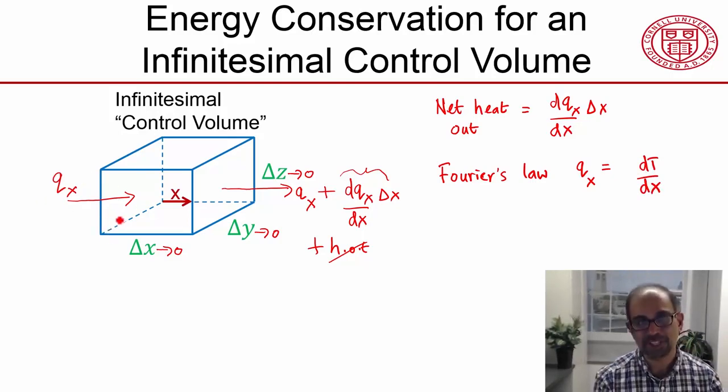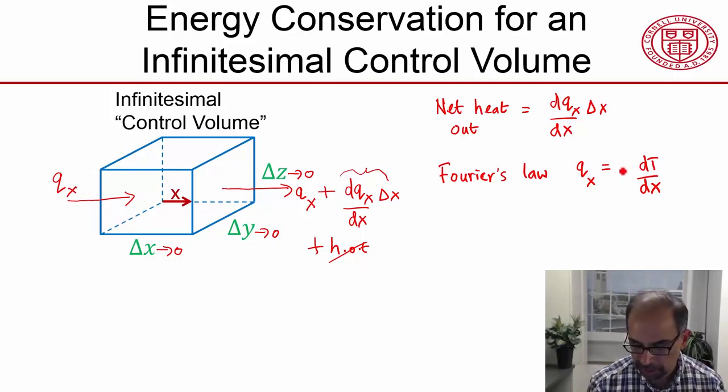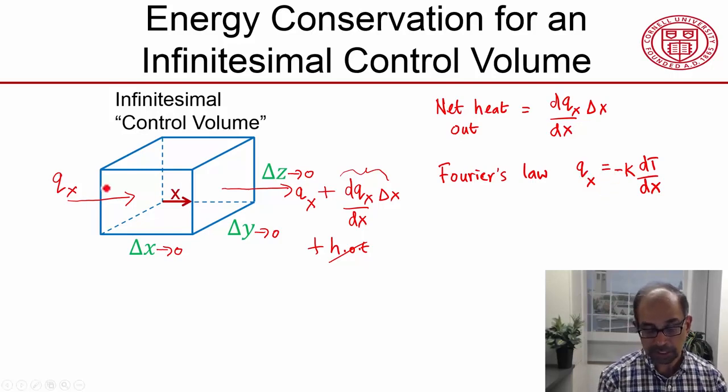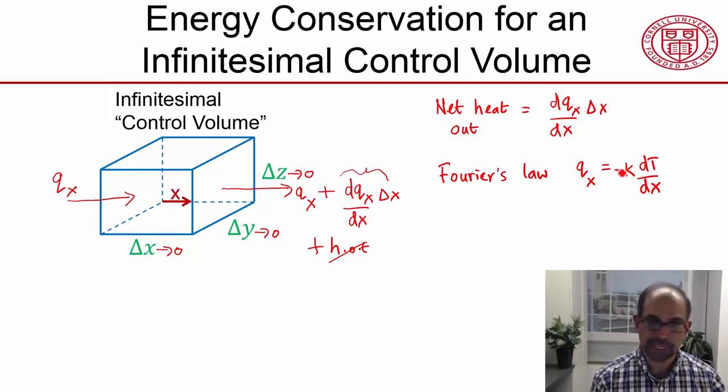If there was no change in temperature near that face, then there would be no heat flow through that face. I think that's intuitive. There's a constant of proportionality, which is k, and I get a negative sign. You need the negative sign because heat flows from higher temperature to lower temperature, that is, in the direction of decreasing temperature. K is called thermal conductivity, and we'll assume that it's a constant.